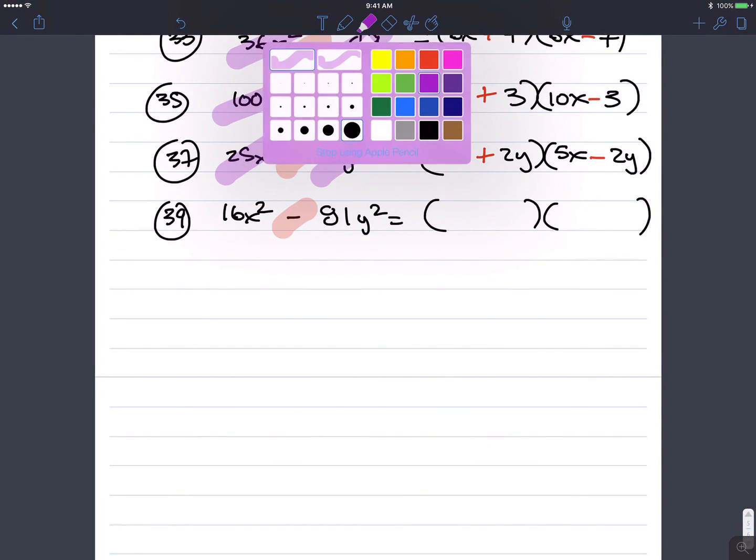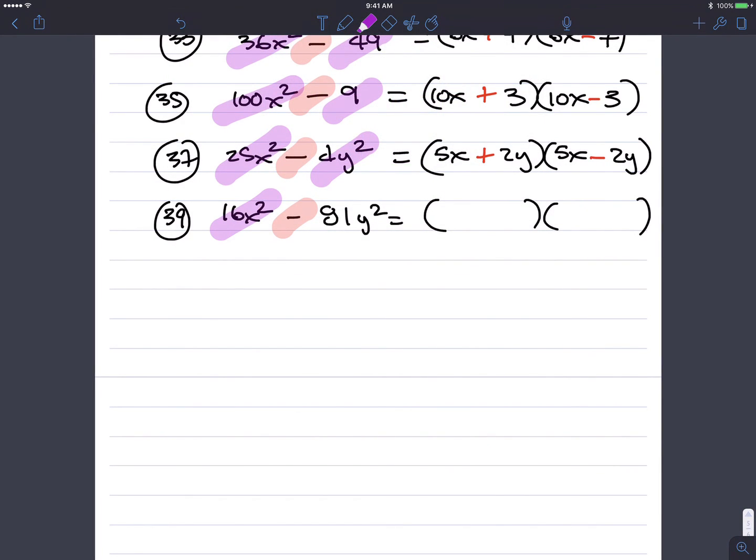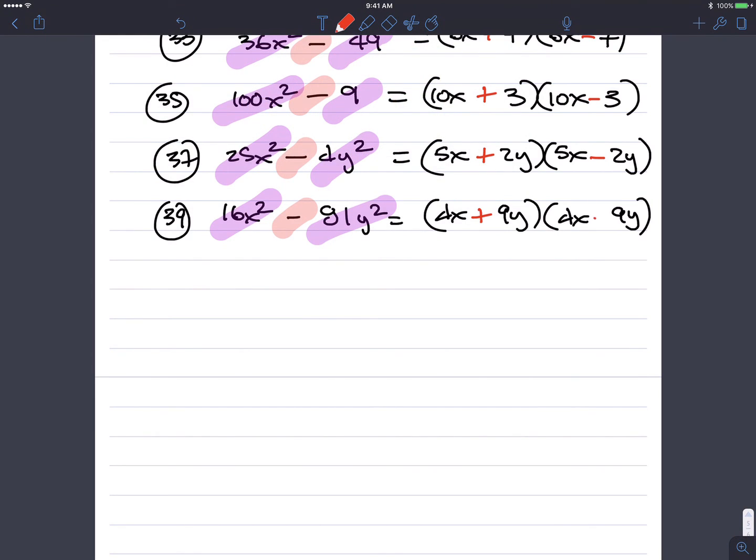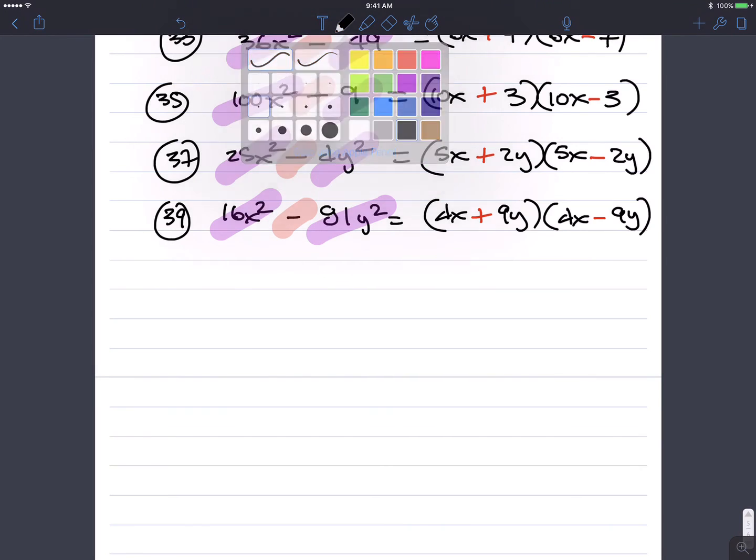And then we have 16x squared and 81y squared, both perfect squares. So what's your base? 4x. Okay, what is your base for the next term? 9y. There you go. Plus and minus. We're almost done.